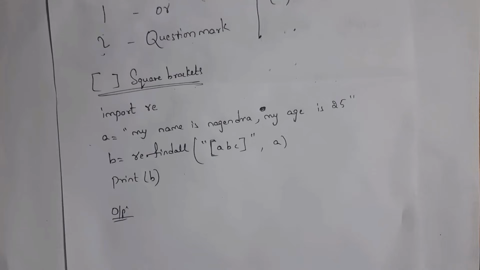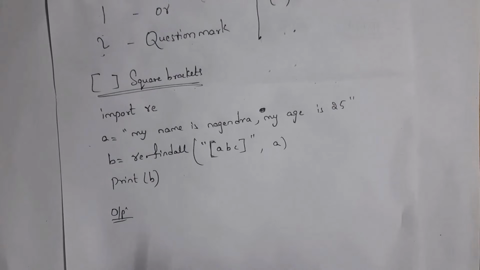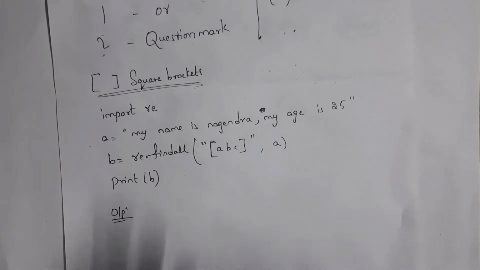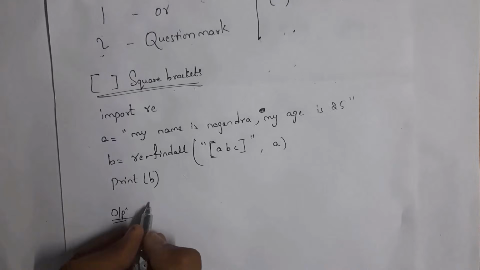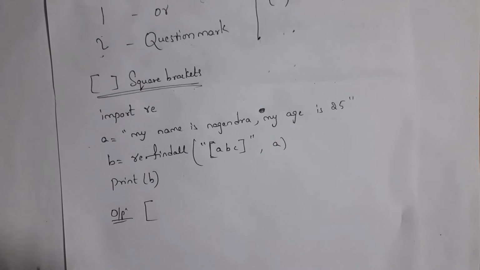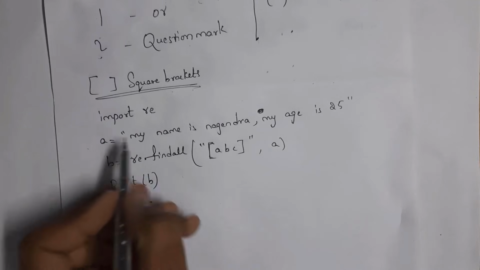Whenever you write abc inside square brackets, it will check whether a, b or c is available in this sentence. If available, it will print it. So whenever you run this code, you will get output. As I said before, the findall function represents output in the form of a list, and it represents each character in single quotation. At first it will check whether abc is available.